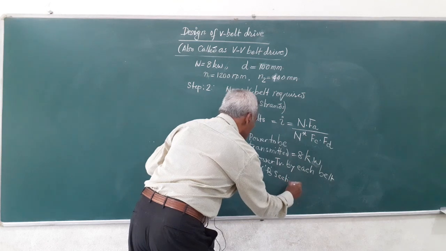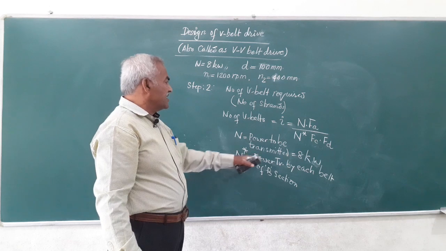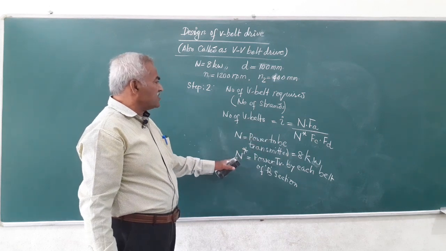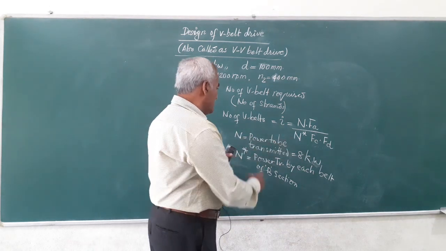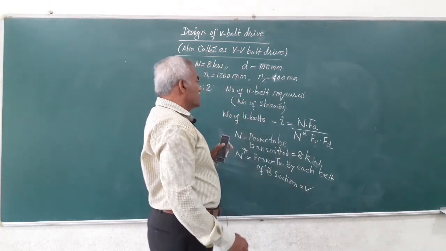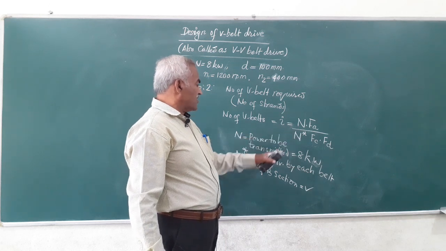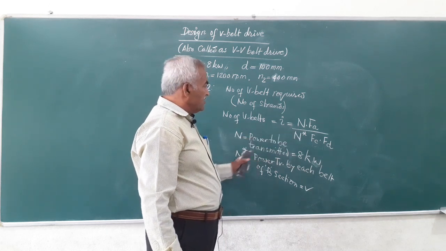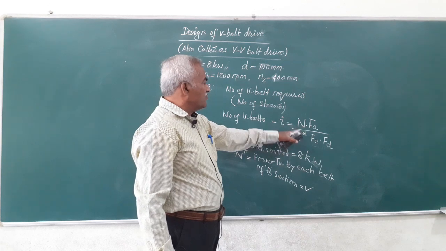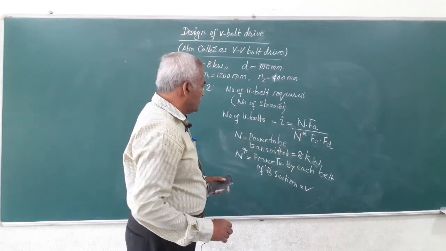I told you this can be obtained if you know the velocity and the equivalent pitch dia. So, we know this value, we know this as 8 kilowatts, this also we have calculated. So, friends, once you are able to find out N star for the belt selected, we know this already. So, if we divide one by the other, approximately you get number of V belts required.